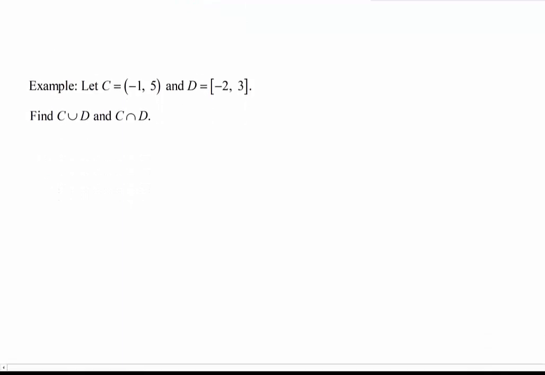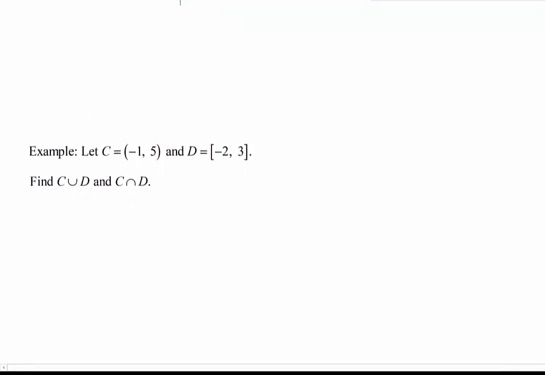Down here, we have another example, and this time we are given sets C and D in interval notation. So these are collections of real numbers, if you recall. Everything in between the two endpoints. In C, we do not use the endpoints -1 and 5, and in D, we actually are including the endpoints -2 and 3.